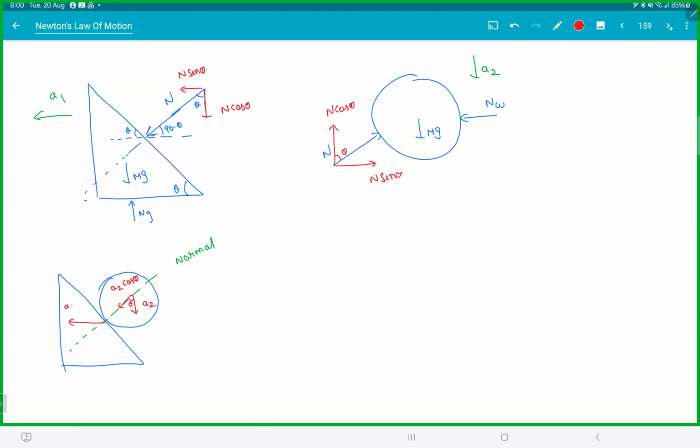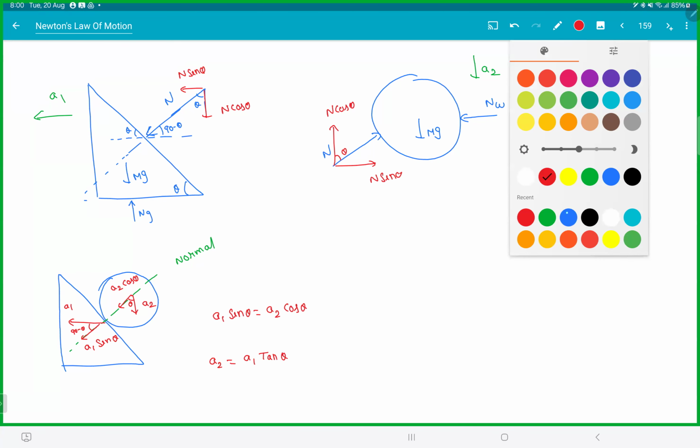This is going with a1. This is 90 minus theta. So this is a1 cos 90 minus theta, a1 sin theta. Along the normal accelerations must be same. a1 sin theta is equal to a2 cos theta. This also we did. Therefore, we get a1 is equal to a2 cot theta. So let's say a2 is equal to a1 tan theta. This is your step 2. Find the relation between the constraints.